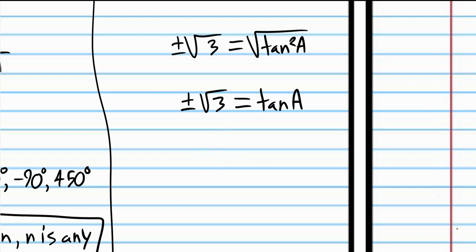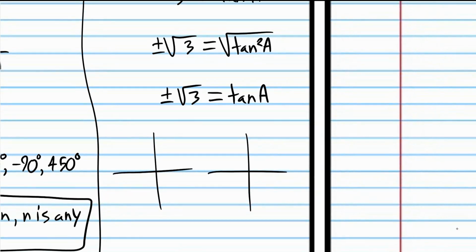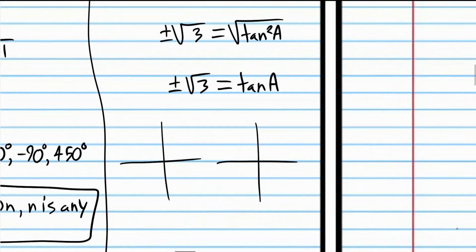So it's a special triangle. We don't need a calculator. And in this situation, all of the quadrants are going to have solutions, because we not only have positive root 3, we have negative root 3. So we have triangles in every single quadrant.